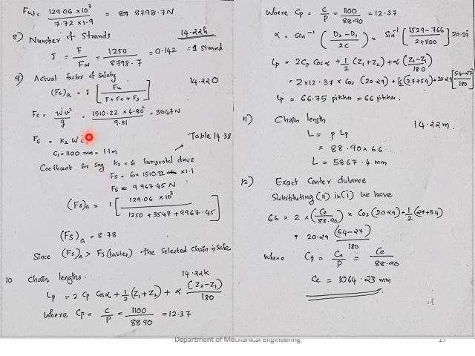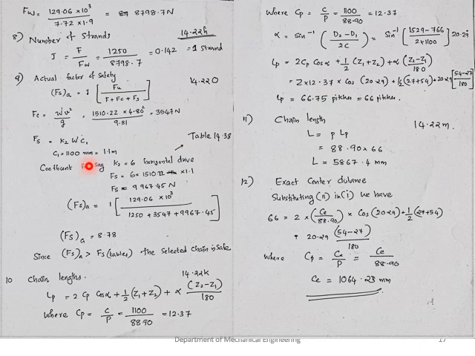So here the actual value is j into Fu by F plus Fc plus Fs. Here Fc you can substitute by this equation and Fs you can substitute by this equation. In this equation, the K2 value, the coefficient for sag, you can obtain from table 14.38 and substitute that value, and you can find the actual factor of safety as 8.78, comparing with the factor of safety from the table, 7.72.